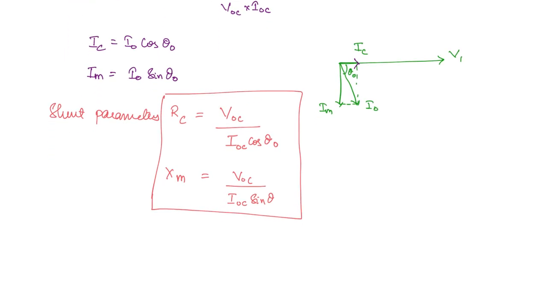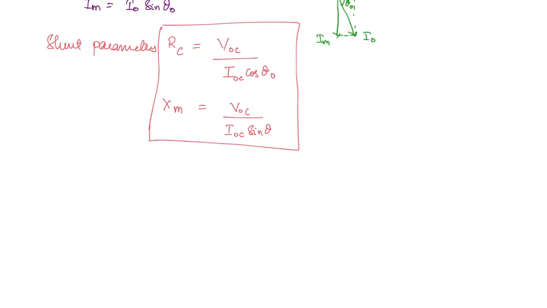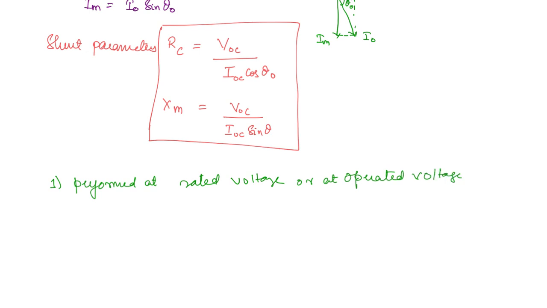Now a few points that you have to remember when it comes to performing the open circuit test. The very first one is the open circuit test should be done at rated voltage, or at operated voltage, that means at whichever voltage the transformer is used for operation.